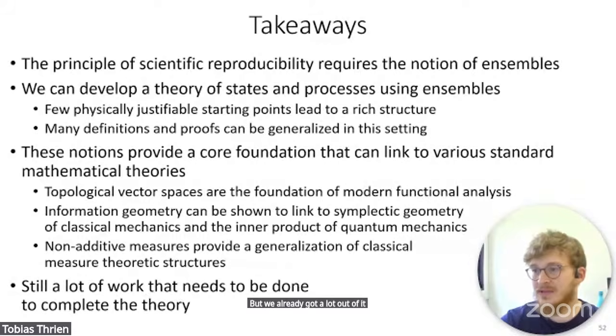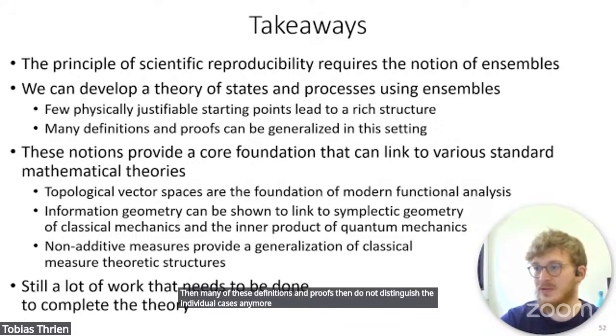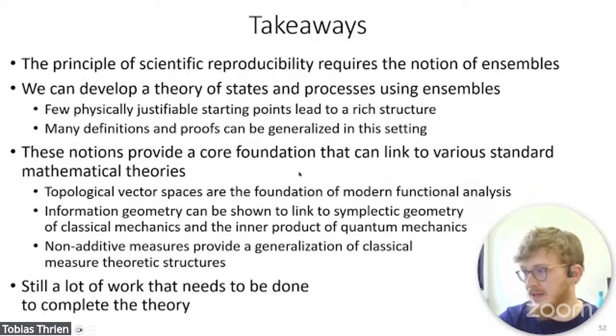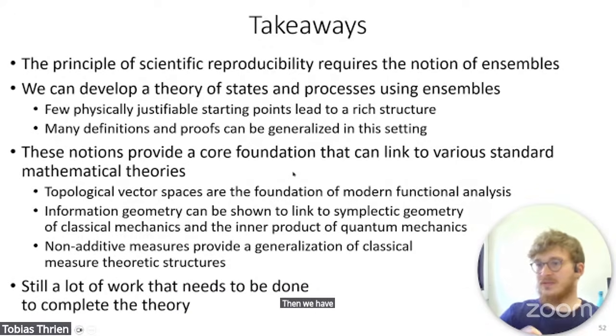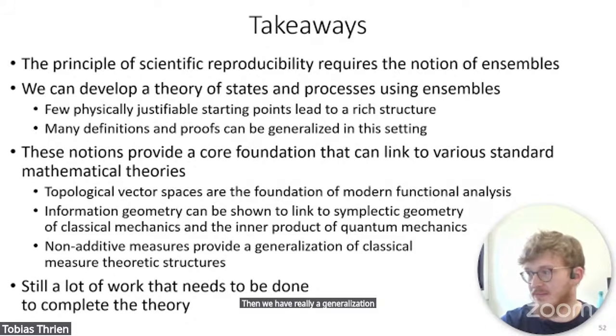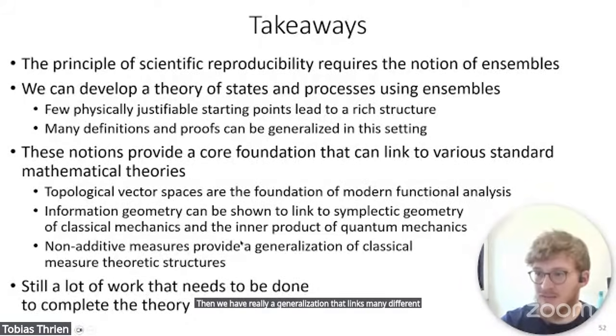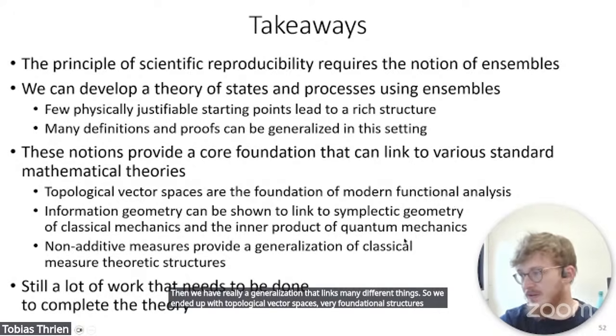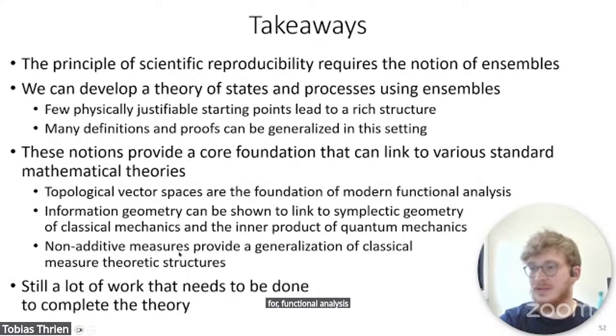Then many of these definitions and proofs do not distinguish the individual cases anymore. They are general. They work across classical, quantum, and in principle, even beyond that. Then we have really a generalization that links many different things. So we ended up with topological vector spaces, very foundational structures for functional analysis, for example.